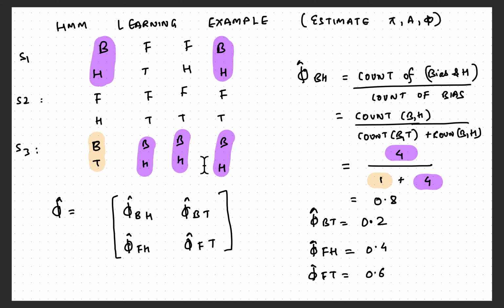Out of the 6 times you are in the B state, 5 times you observe heads, and 1 time you observe a tail. So this number is written wrongly in this case. It should be 5 over 6, and phi hat of BT would be 1 over 6. Right? So once out of the 6 times that you're in the bias state, only once have you observed a tail. Similarly, we can calculate phi hat of FH and phi hat of FT.